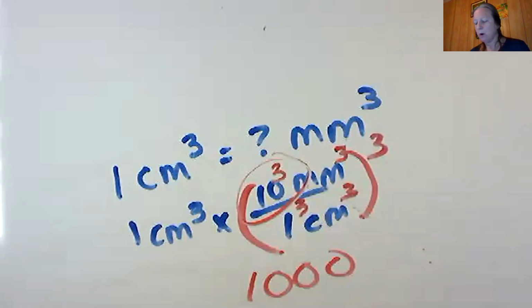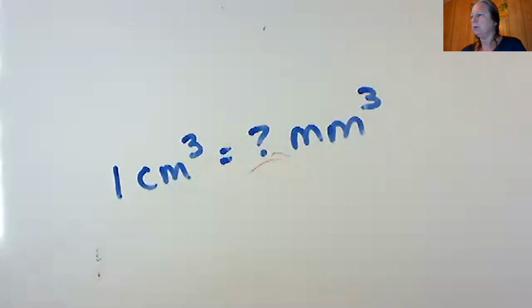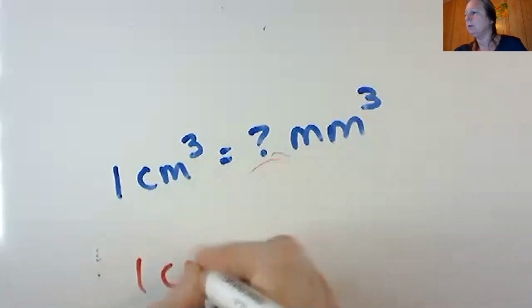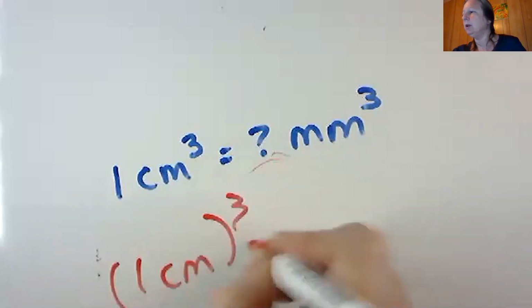So when you are converting cubed, squared, any dimension, you take the normal, non-cubed or squared relationship.